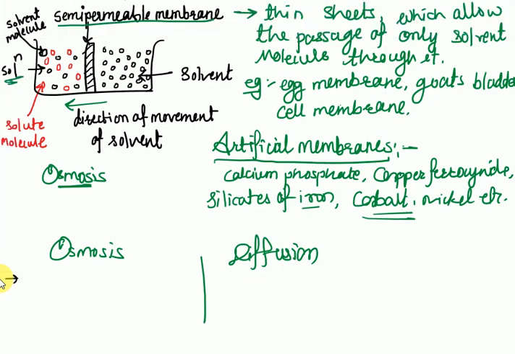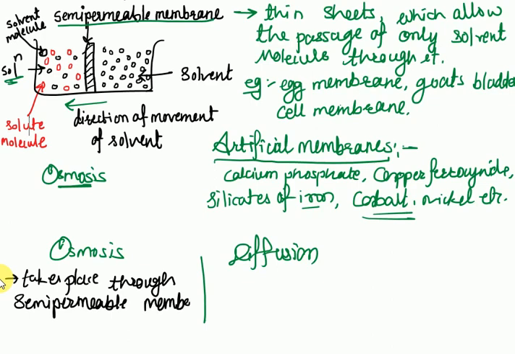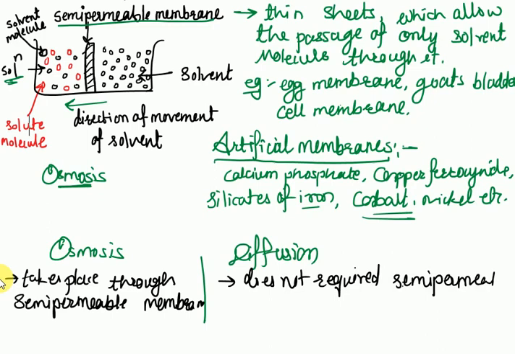Osmosis takes place through a semi-permeable membrane, while diffusion does not require a semi-permeable membrane. A homogeneous mixture is obtained as a result of diffusion, while mixing is not possible in the case of osmosis.